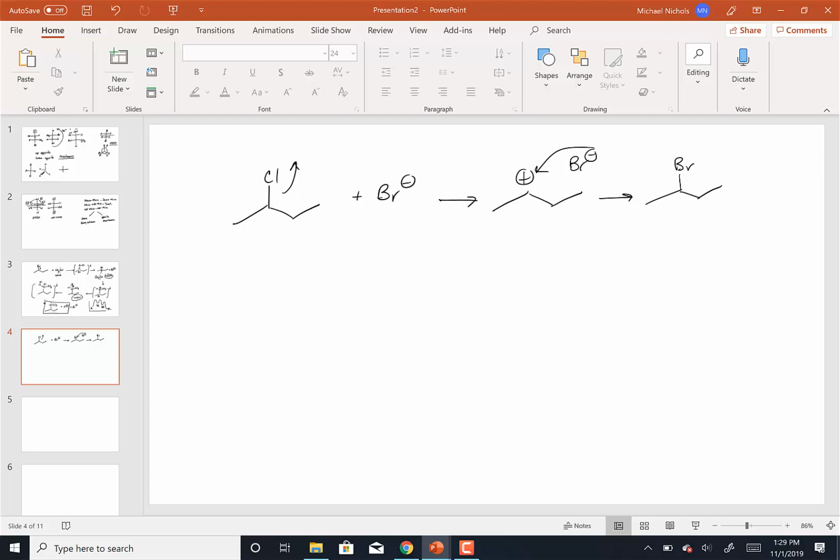But for something like that, you'd have to tell us you wanted an SN1, right? Because isn't that a strong nucleophile? Yeah, exactly. I would have to tell you to do this by SN1 because the chart would predict that this would be SN2.